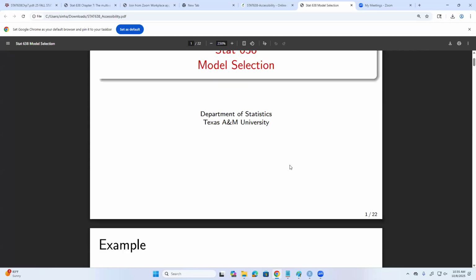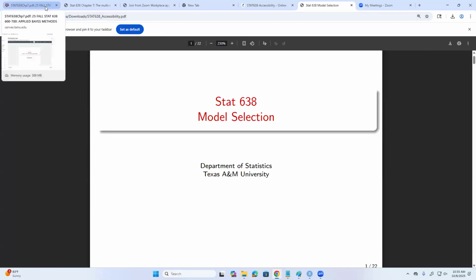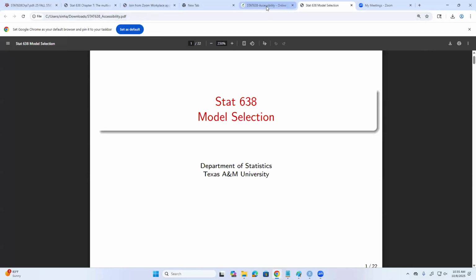All right, so this is about model selection. Questions? Yes. Is the slide on Canvas yet? This slide is not on Canvas. Okay, so let me do that.